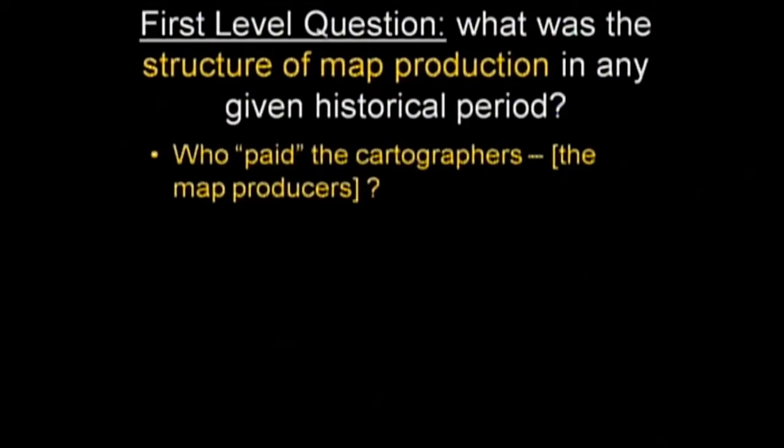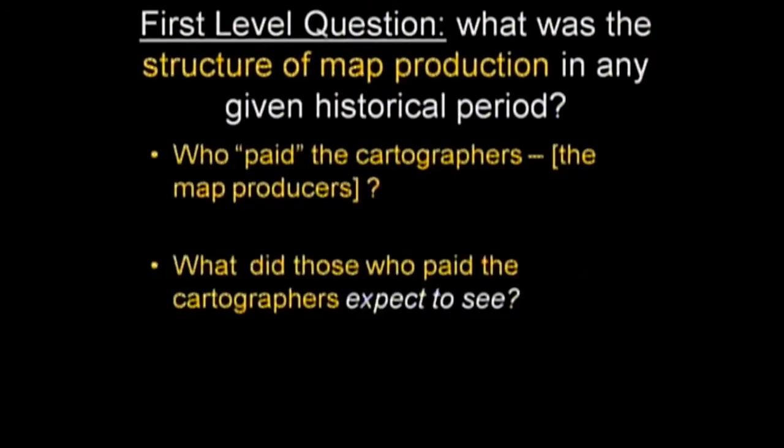You could say the cartographers are the map producers, but that doesn't get you very far, because who's employing them? Is it, as in the early cases in Africa, royal patronage that brings you into the realm of cartographers? Kings want maps drawn. That is a very interesting constraint in and of itself.